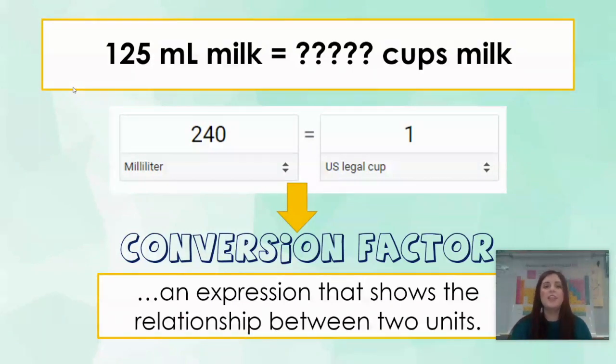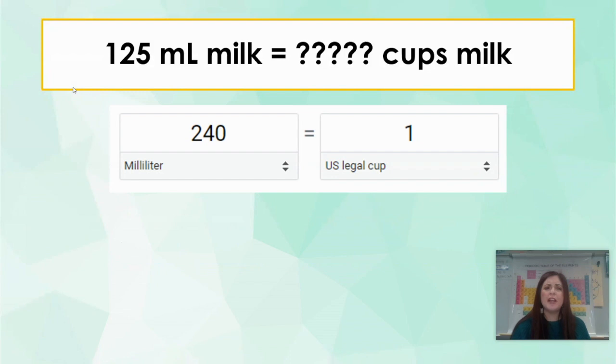We call this ratio, or this equality, a conversion factor. These conversion factors are important when we are performing dimensional analysis, but we really have to manipulate this conversion factor a little bit. We want to represent it more as a ratio.